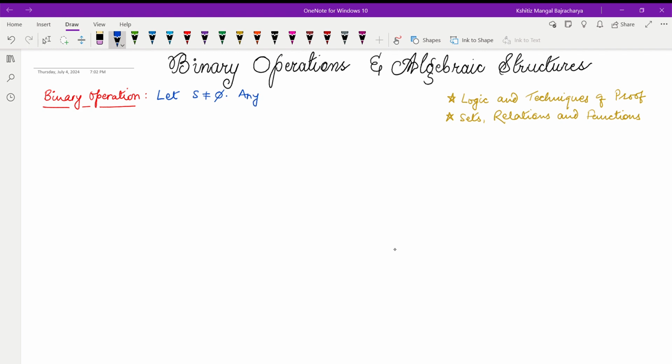Any function, let's call it f, from the Cartesian product S cross S to S is said to be a binary operation. So a binary operation is basically a function.